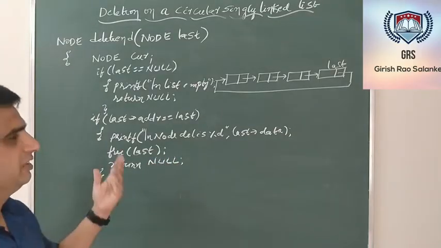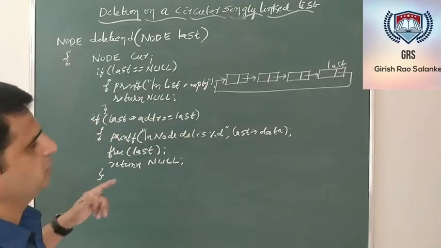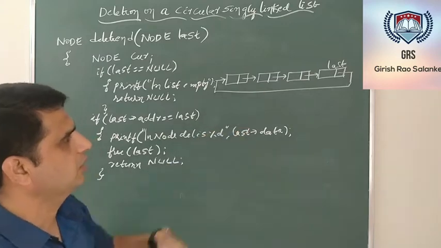The same thing, we have used even in case of the earlier deletion function. Now this is not true. Assume that there is a circular single linked list with more than one node.